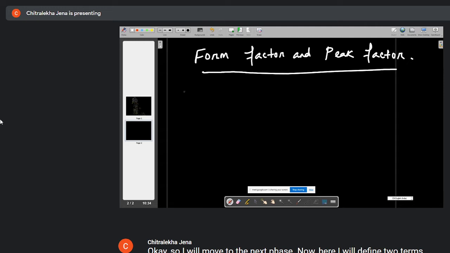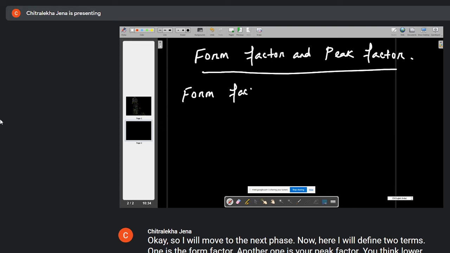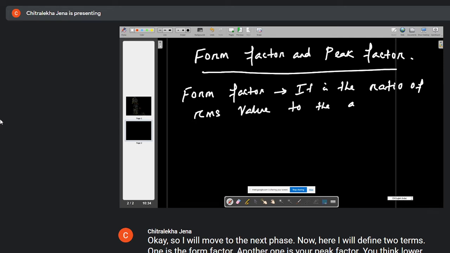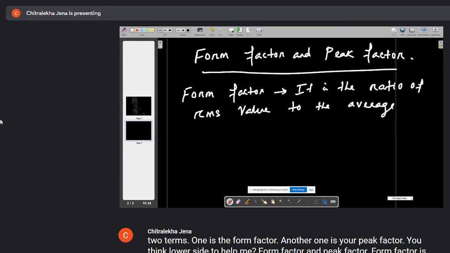Form factor is defined as the ratio of RMS value to the average value.